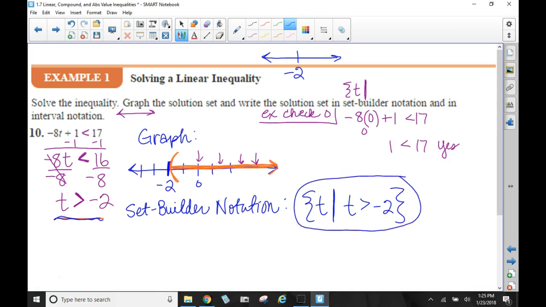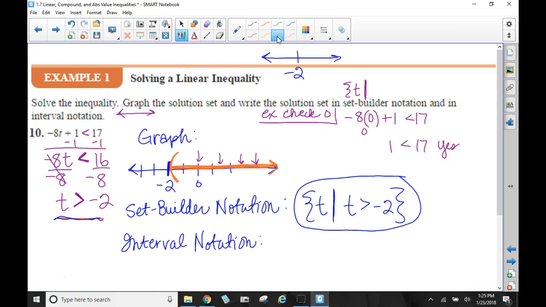Now let's discuss the interval notation. Okay. To get interval notation, it is a lot easier to just look at the graph that we have above.